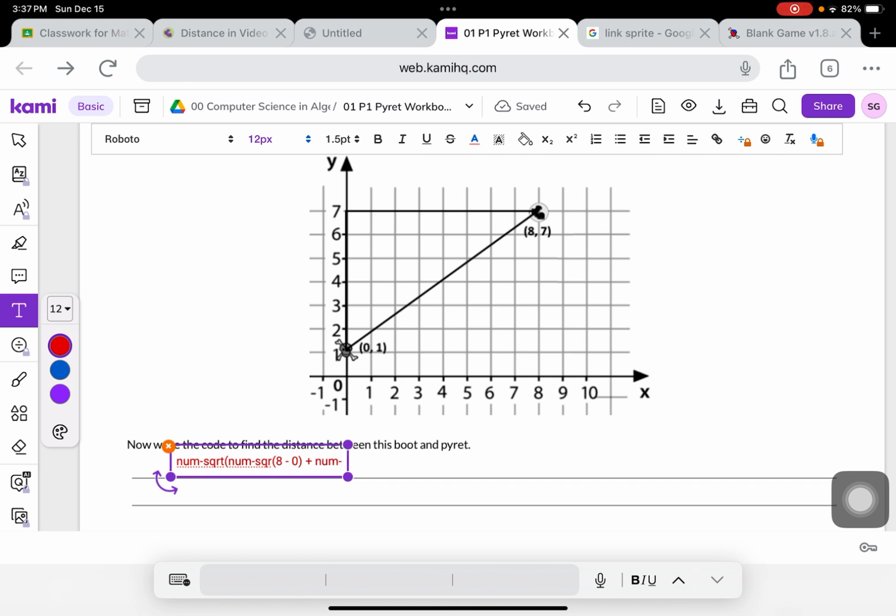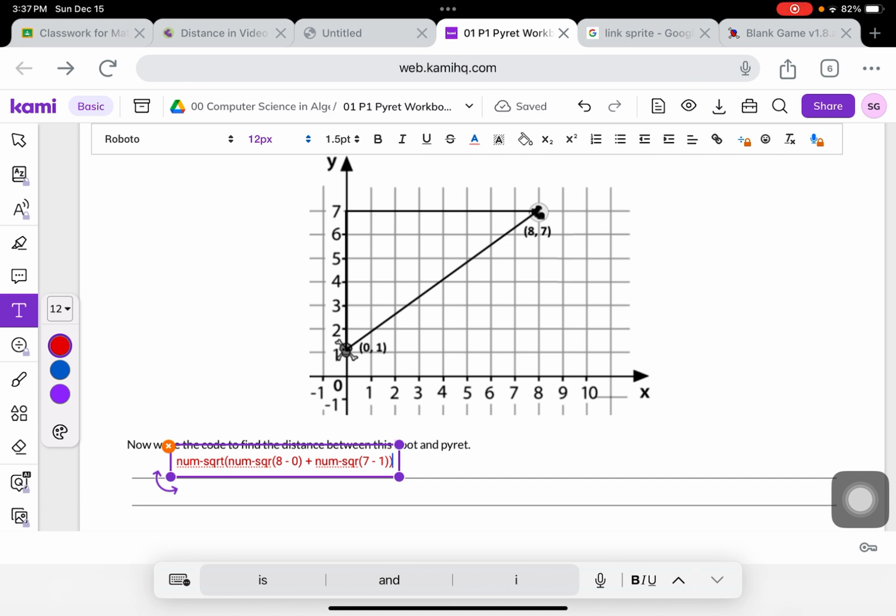Num sqr. And then we're going to subtract the y's. And close that, close that. Wait, I think I have an extra one.